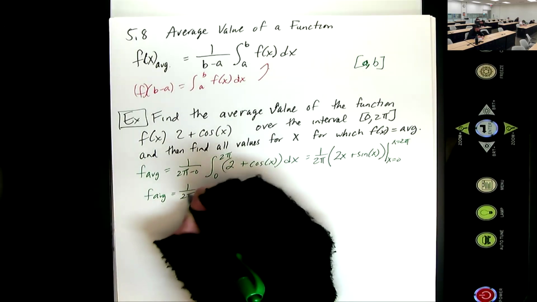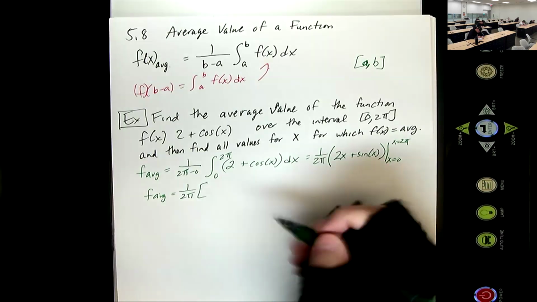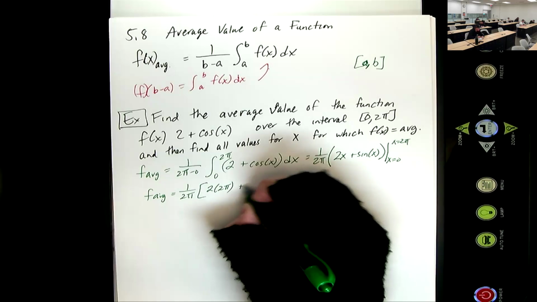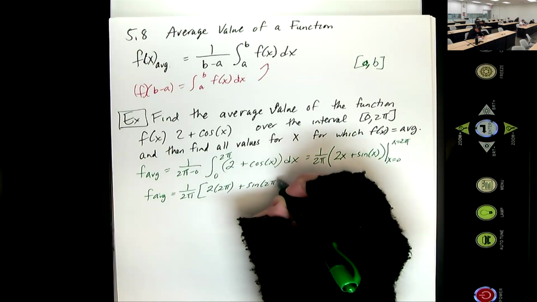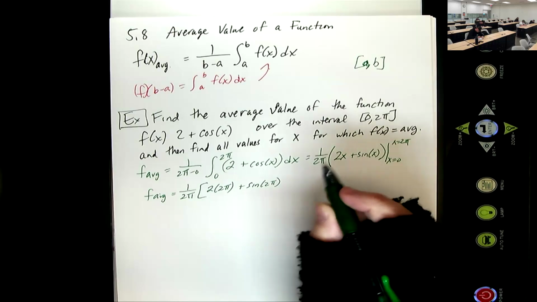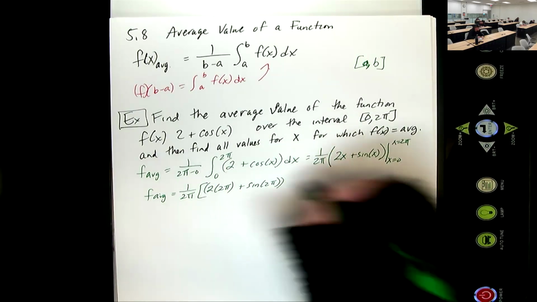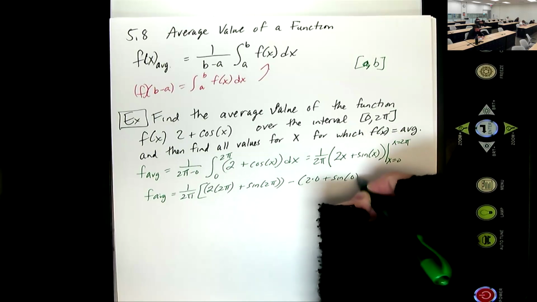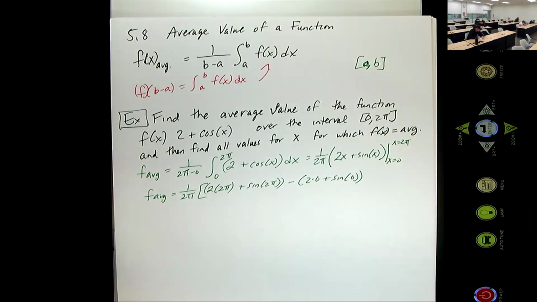We have 1 over 2 pi. If I stick in 2 pi, I have 2 times 2 pi plus sine of 2 pi, minus 2 times 0 plus sine of 0. 0 usually eliminates everything, but you can't take that for granted with trig functions or exponentials. Cosine of 0 is 1, e to the 0 is 1.